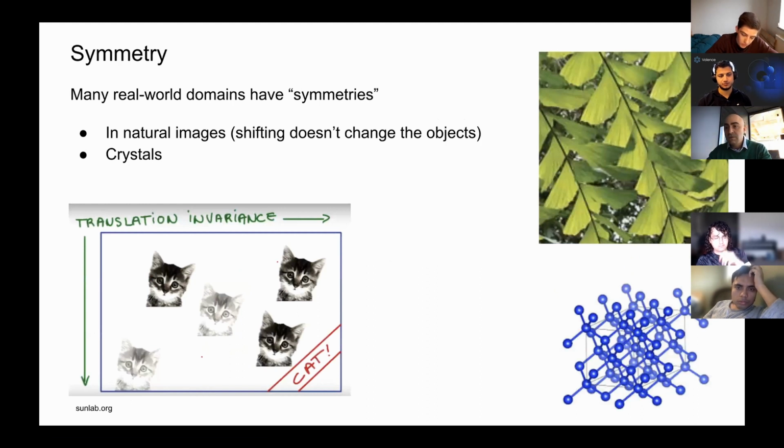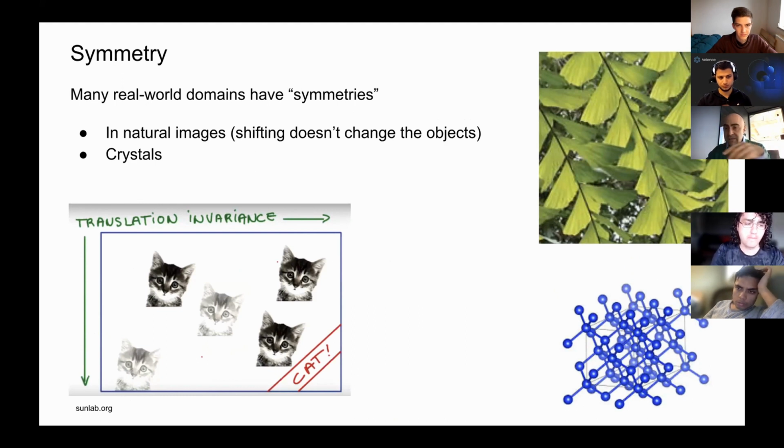The fully connected network would have a filter for each of these cat pictures for each of these locations. But what the convolutional neural net does is it has one pattern for the cat, and then with the convolution operation, it matches the pattern anywhere in the picture.